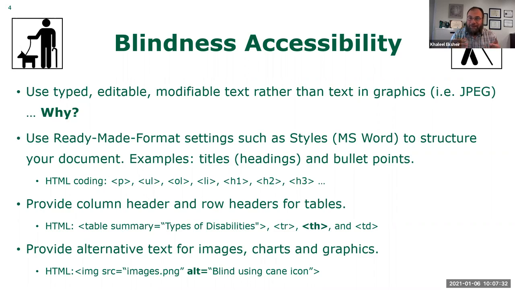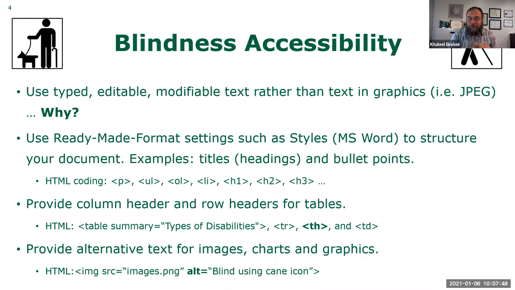If you cannot select the text, highlight the text, or edit the text, this text is not accessible by the screen reader and will not be accessible by people who are blind. So this is my first important point.